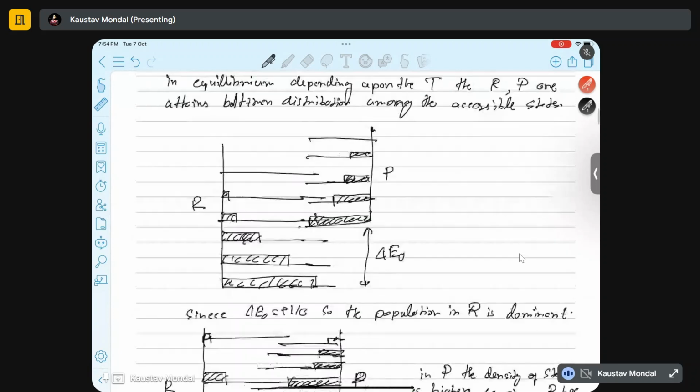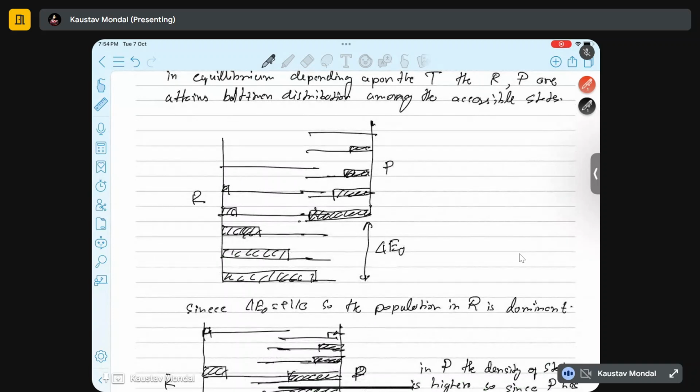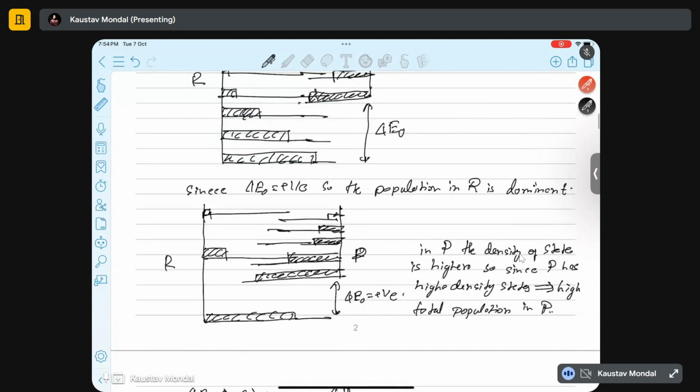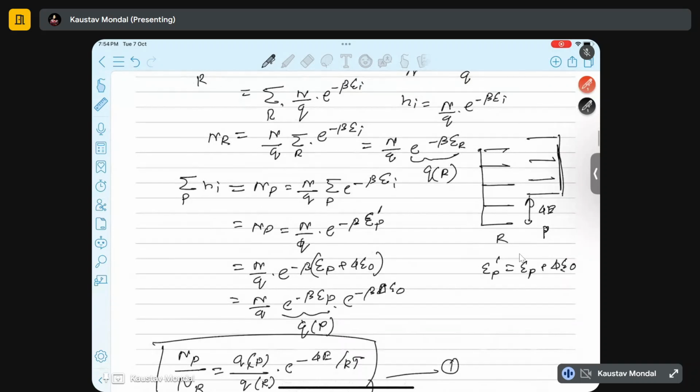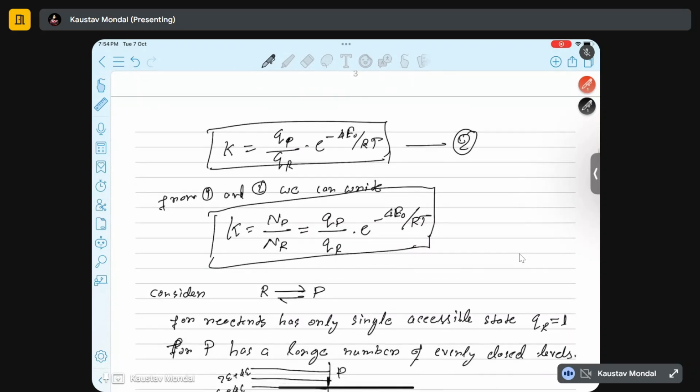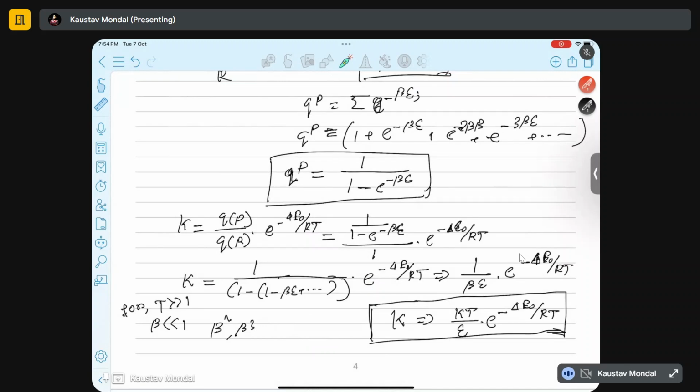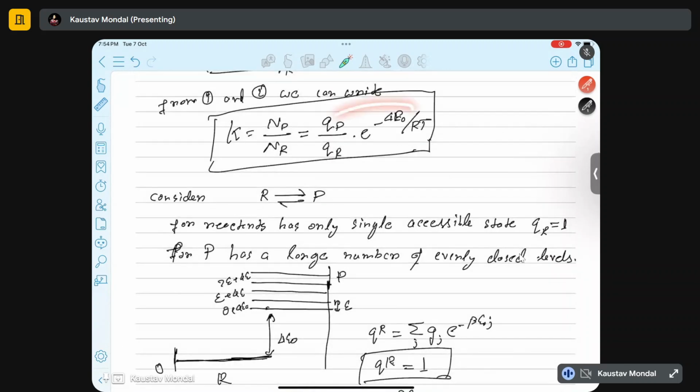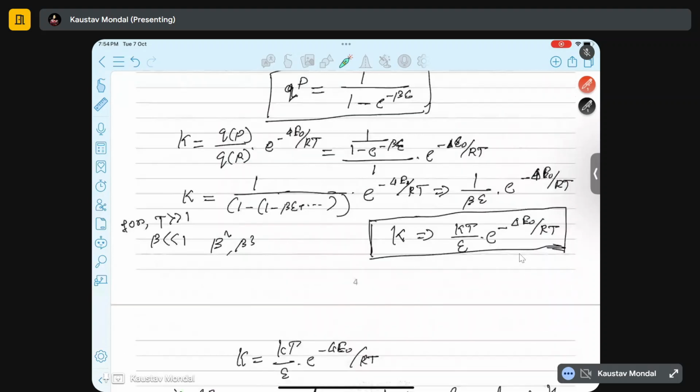In a reaction you can calculate those things, entropy change, enthalpy change, and from there, using this relation, we have shown that you can calculate the population ratio of product and reactant, and from there you can calculate the equilibrium constant K, which depends upon the partition function and the energy difference between the zero point energies.